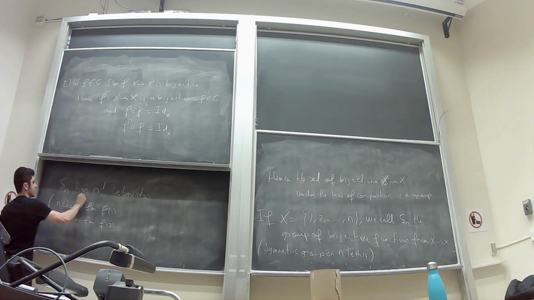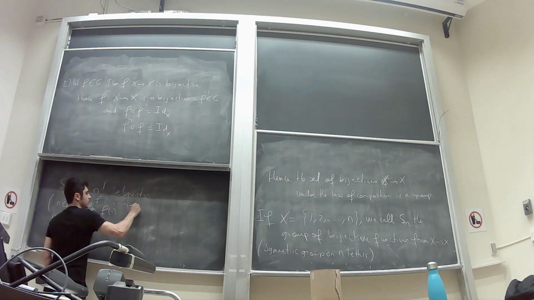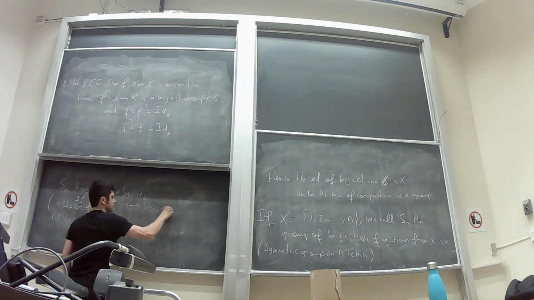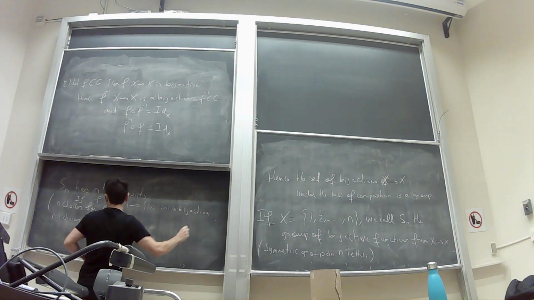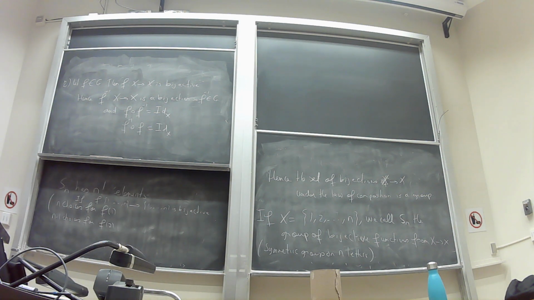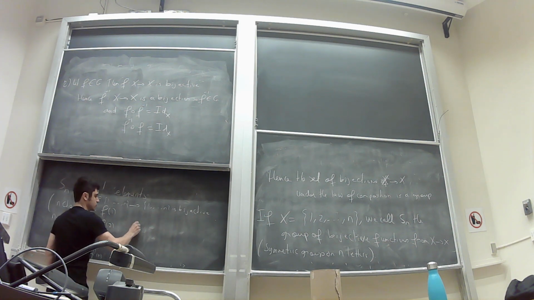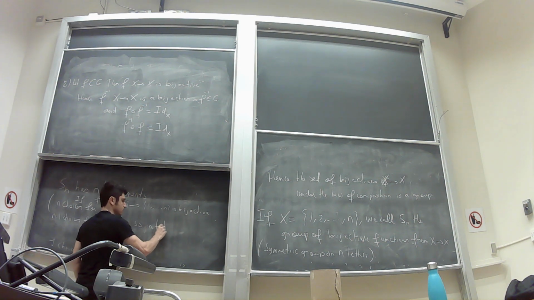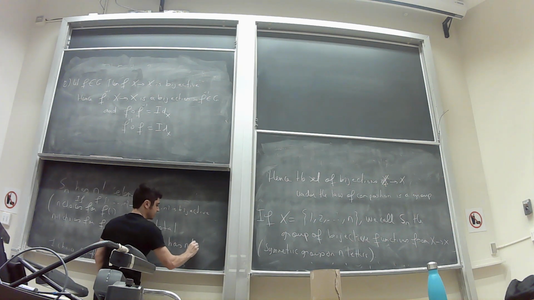If f from 1 to n, to 1 to n is bijective, then you have n choices for f of 1, n minus 1 choices for f of 2, and then 1 choice for f of n. So in total, S_n has n factorial elements.